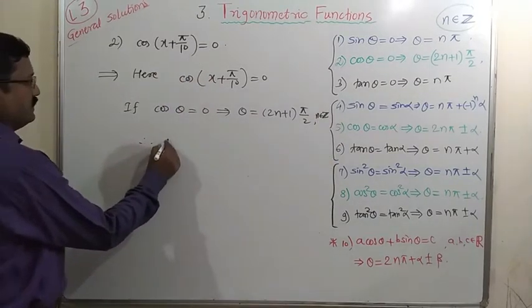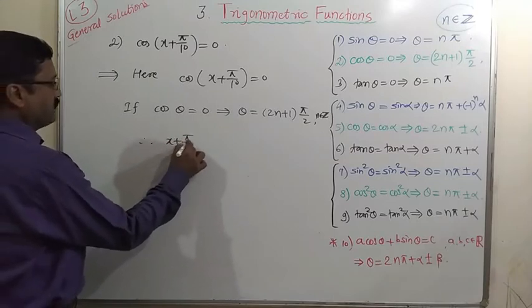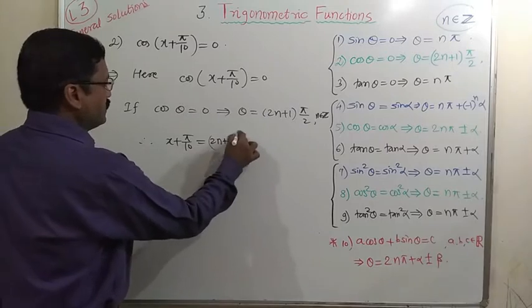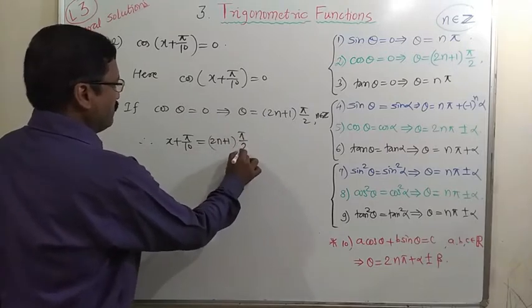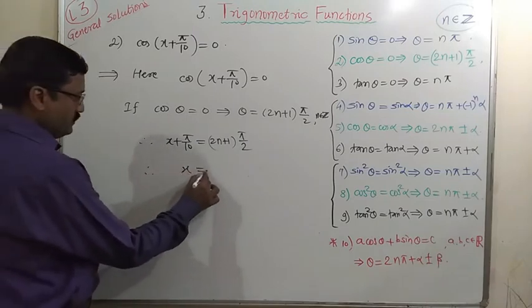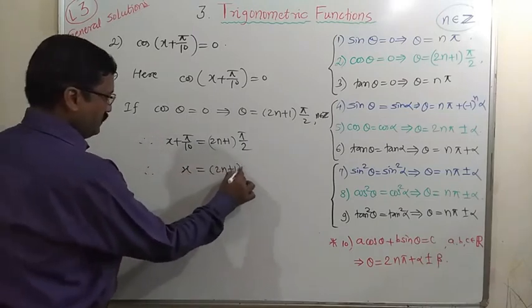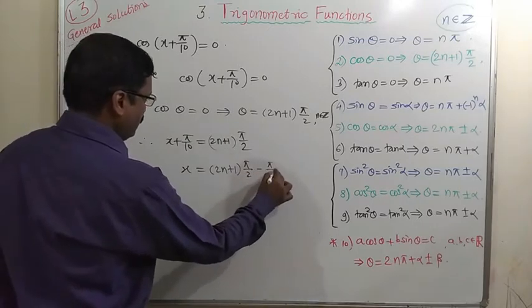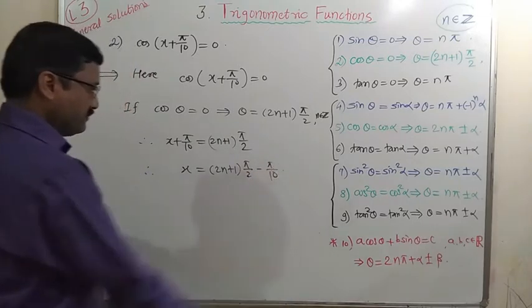Therefore we get here x plus pi by 10 is equal to (2n plus 1) times pi by 2. Therefore x equal to (2n plus 1) into pi by 2 minus pi by 10.